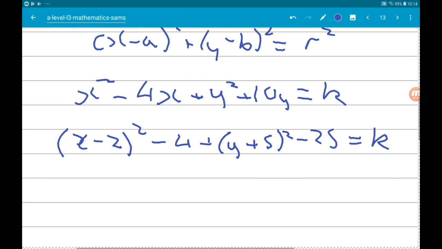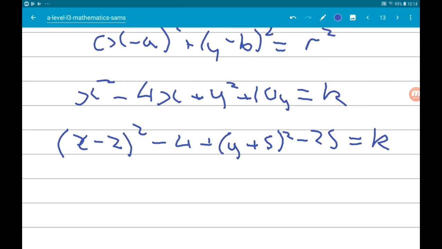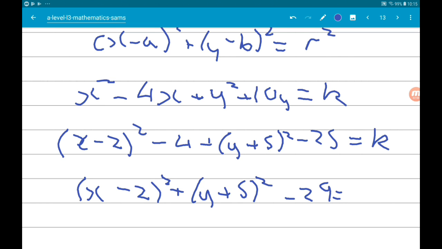Now on the left we have x minus 2 squared add y add 5 squared minus 29 is equal to k.